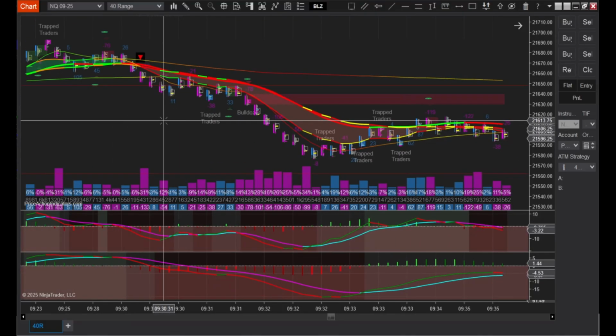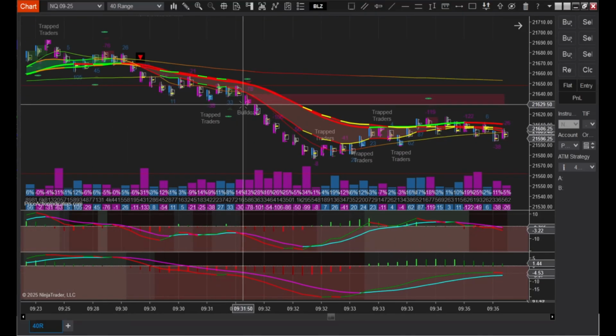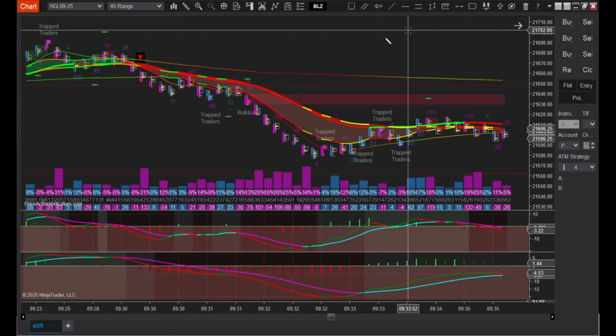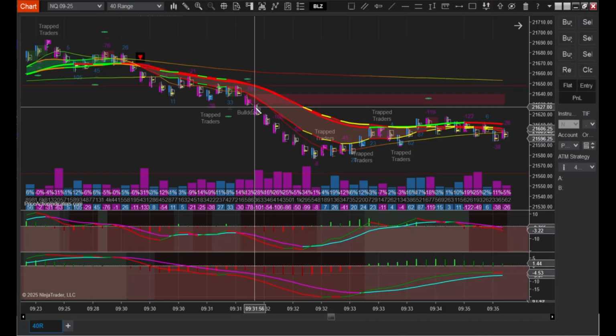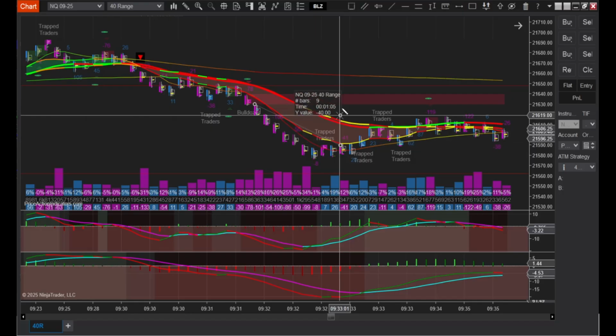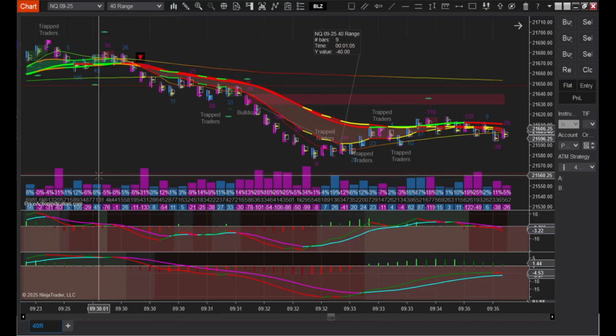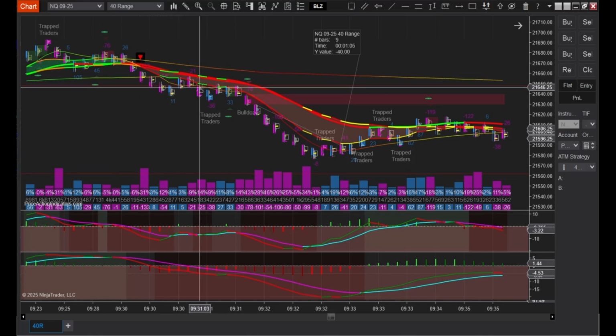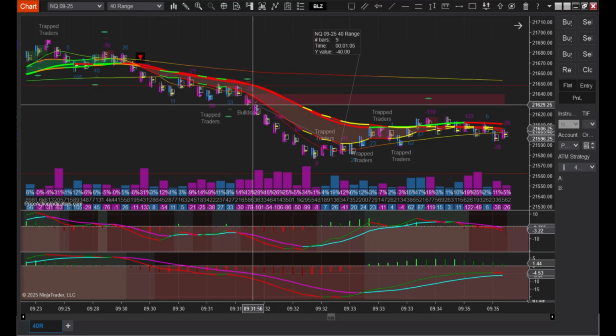Oh, look at the entry. Look at the entry. And that was actually right at an open. All right. We crossed down, we pulled back up. This didn't go, but this one did.